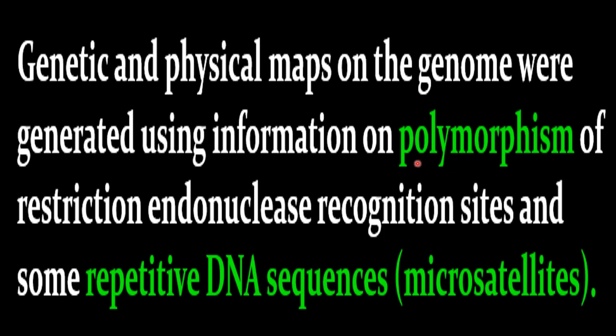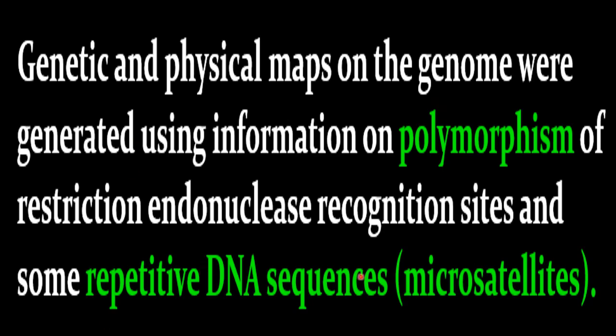So if there is polymorphism in DNA, meaning variations are present in the DNA sequence, then these recognition sites will be different for the restriction endonuclease, and on the basis of that polymorphism and also on the basis of some repetitive DNA sequences in the human genome, these genetic and physical maps were generated.